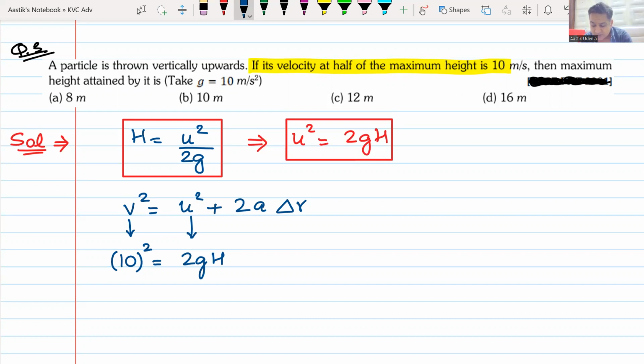The value of g, you must remember, here g and h, we have to use the values, plus 2 times how much is the value of acceleration? It is minus g, yes or no?